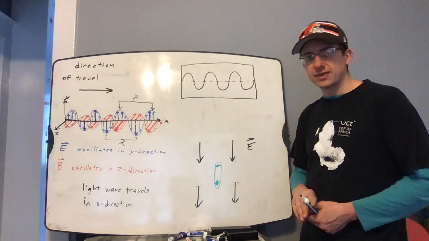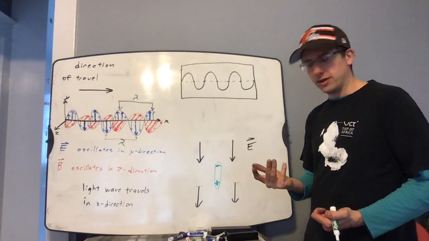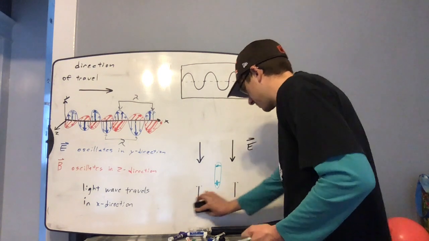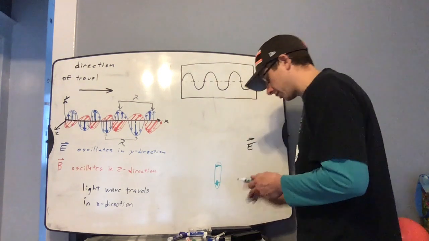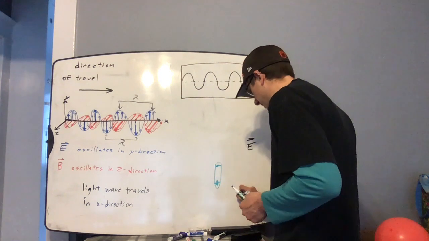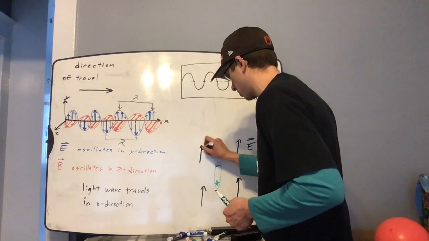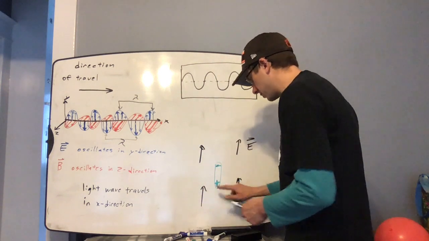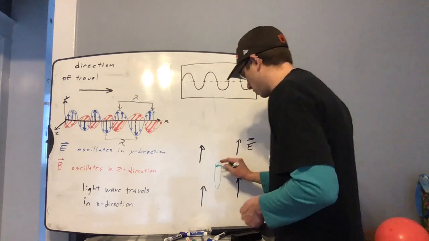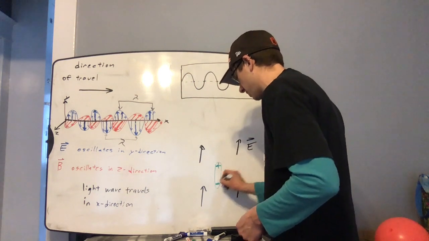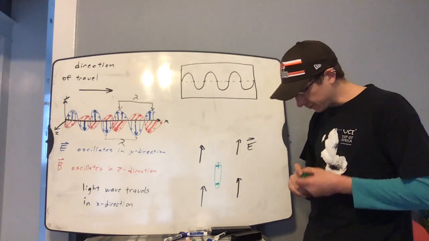And if the direction of the electric field flips again, so now the electric field is pointing upwards again, the dipole molecule will flip again to be pointing the way it was previously.